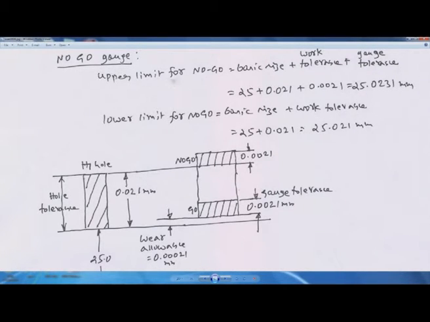So this is the upper limit for the no go gauge, and this is the lower limit for the no go gauge. In order to get this lower limit, we have to add 25 with the work tolerance, that is basic size plus work tolerance, that is 25.021 millimeter, which will give us the lower limit for the no go gauge.